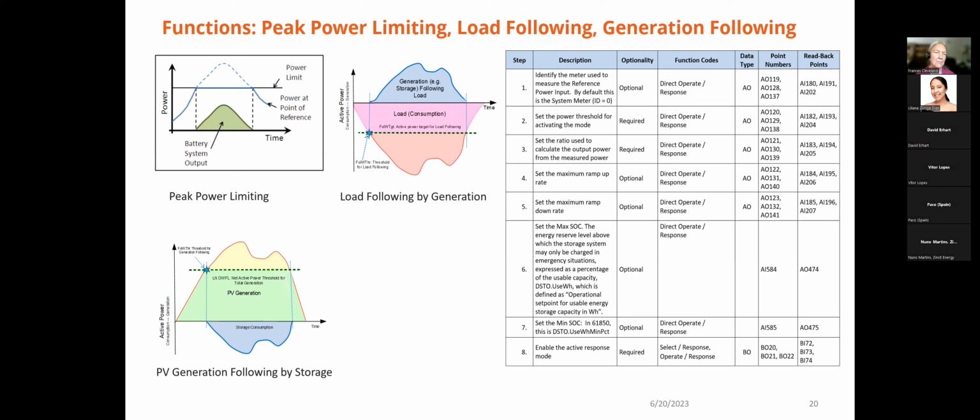And I think this peak power limiting and load following, generation following is particularly important because it will allow a storage device to follow, and let's say it's down here, the blue storage consumption here interacts with or monitors the PV and reflects what's happening.